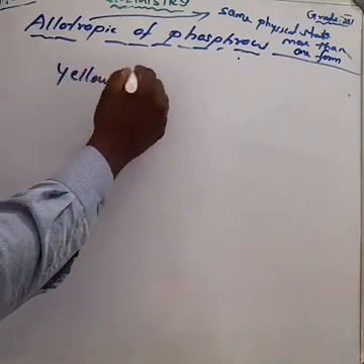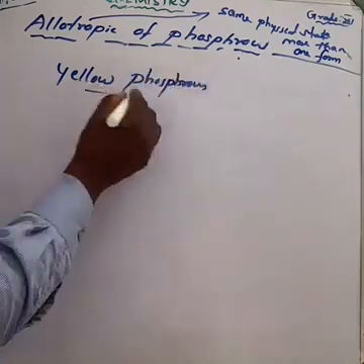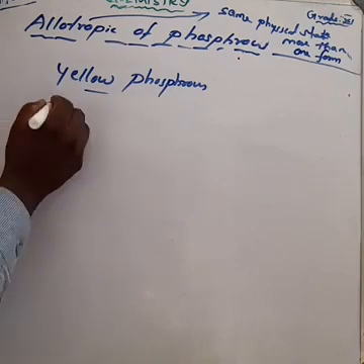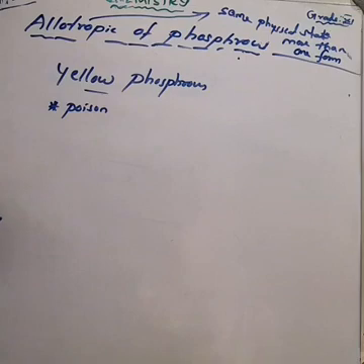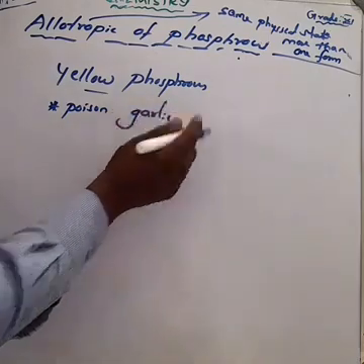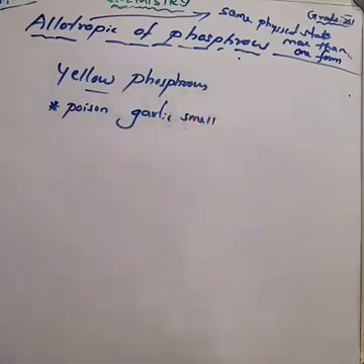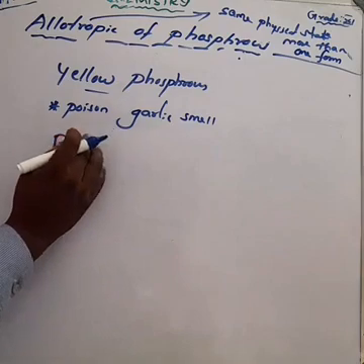It is poisonous in nature, very poisonous, and it has a characteristic garlic smell. All of you know garlic, am I right? It glows in the dark due to oxidation, which is called phosphorescence.